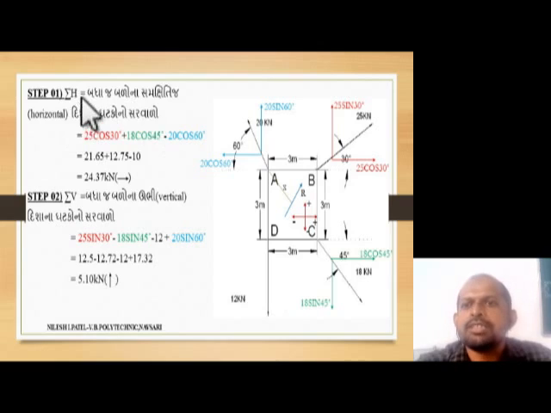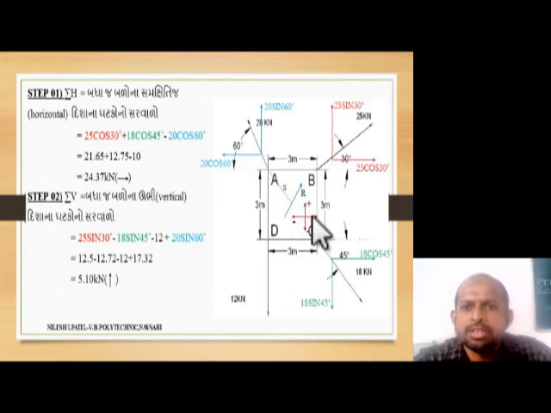So sigma h is equal to summation of all the horizontal components which are shown in this particular figure. At point A, our horizontal component is 20 cos 60 degree, but it moves in the leftward direction.